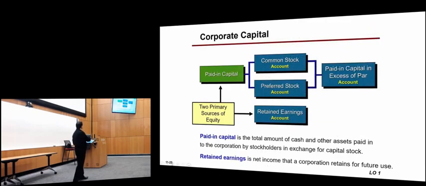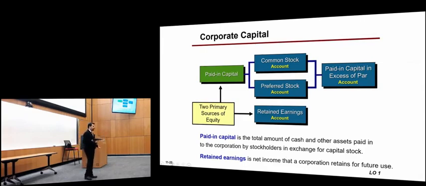Now we get to the two sources of equity in a company. Remember, we talked about common stock and retained earnings. Common stock is paid-in capital. This is the capital or the investment made by those shareholders. Okay? This is paid-in capital. And generally speaking, you would have either common stock or preferred stock.